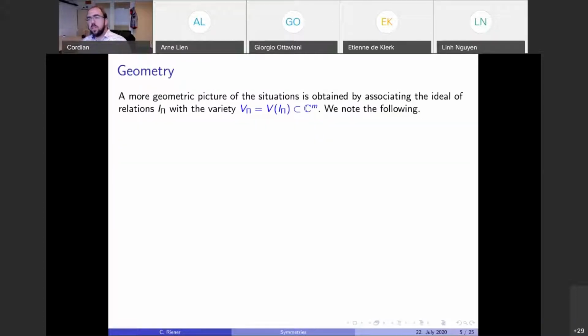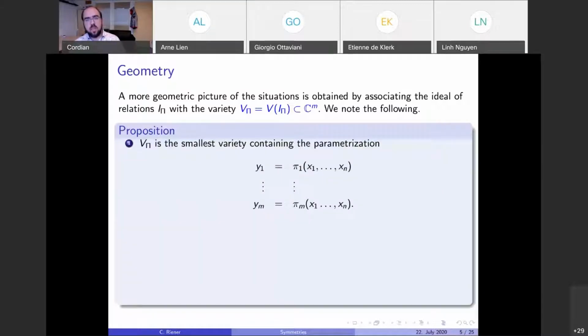So let's try to get a more geometric picture of what's going on. Again, I look at the relation ideal I_π, and for every ideal, I can define a variety. This is the set of points where all the elements in the ideal are 0. Because I have polynomials in m variables, this will be a subset of C^m.